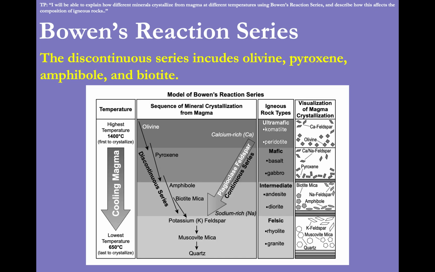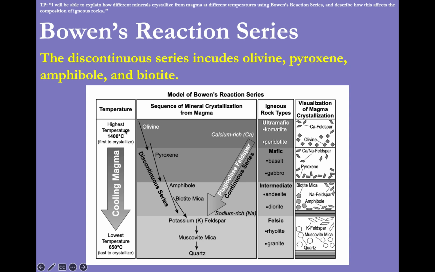So first, let's go with the discontinuous series. Discontinuous means that it's not continuous, right? And that's quite obvious. We have a series of minerals that will begin to crystallize as the magma begins to cool.